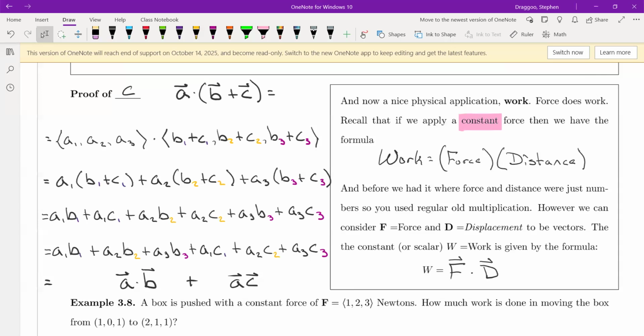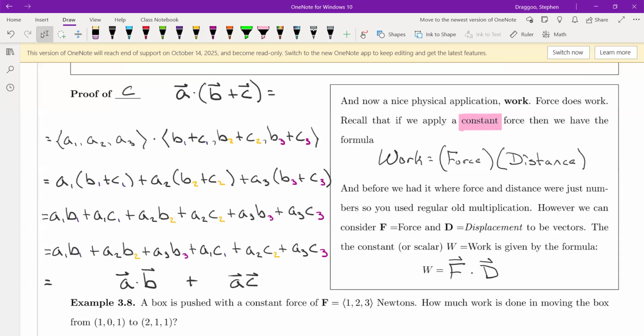So right, force and displacement, I think both have directions associated with them. I can exert a force in a direction, and displacement is just a change in position. So I can start somewhere and end somewhere else. The line connecting those two things is going to have a direction as well. Work, however, doesn't make sense as a vector.